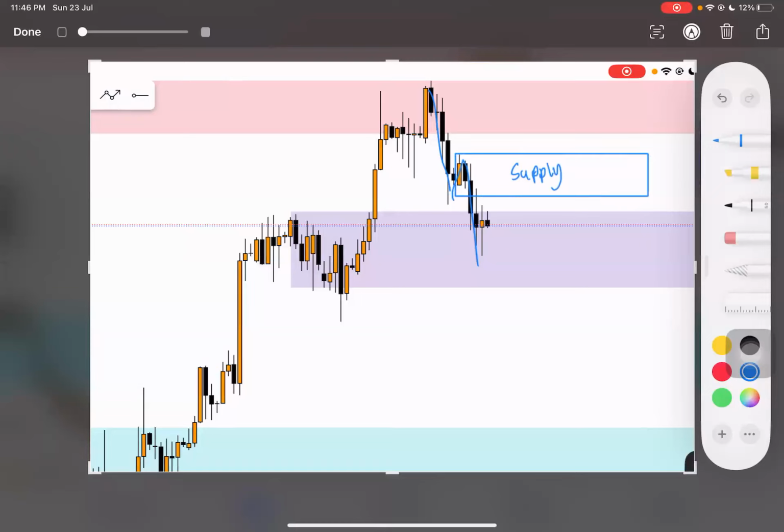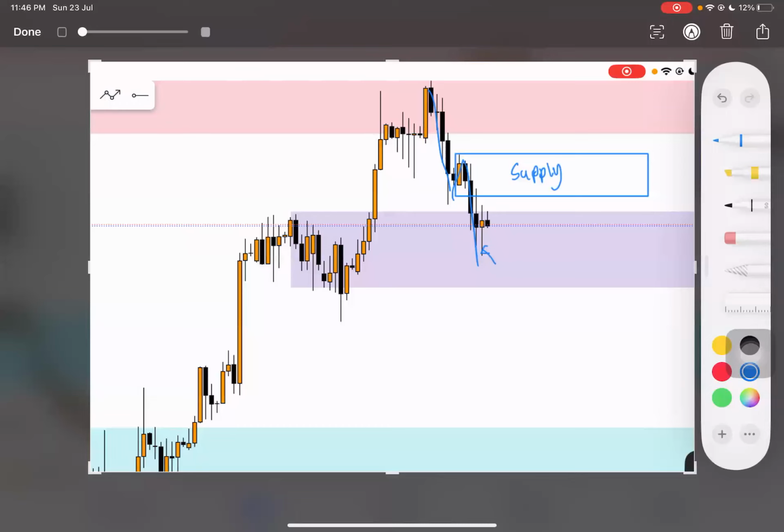H4 is forming new supply, that means the sellers are more than the buyers. But we have to monitor this candlestick, the rejection candlestick, where the wick is longer than the body, and it can also be bullish. This is kind of a confirmation inside the buy zone. But it seems it's still supply, so we'll wait first. If another candlestick closes bullish again, we'll try to look for a buy.